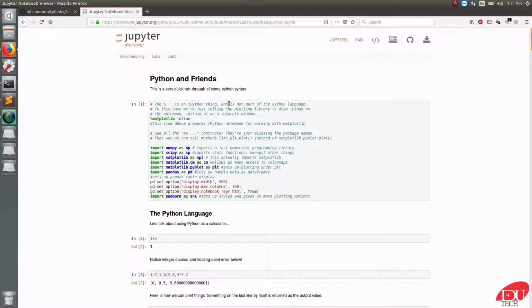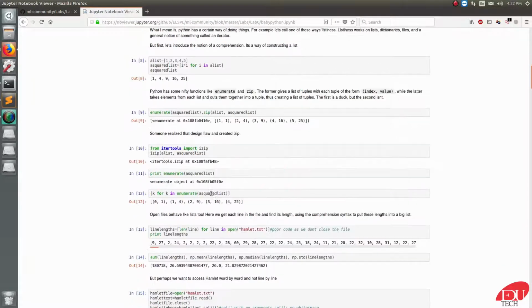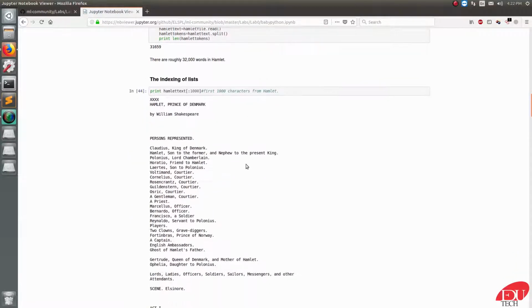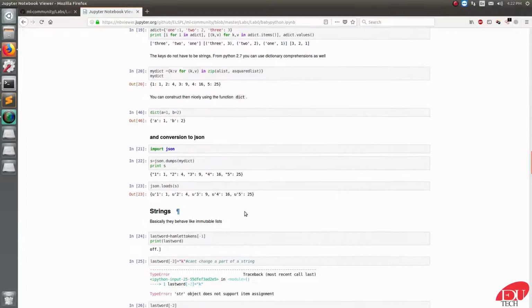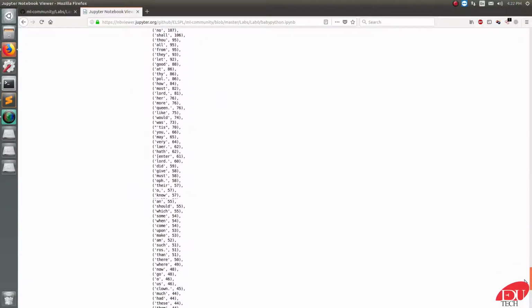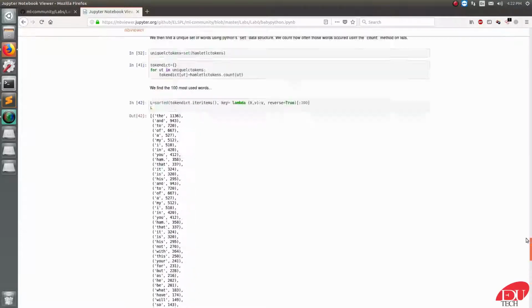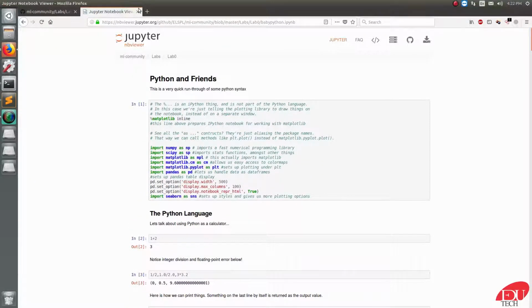It gives a basic rundown of Python, the basic commands, the print and looping and decisions and indexing lists. Then there's dictionaries, there's strings, there's functions. Basically, this notebook will help you get started with Python. And if you know Python already, then feel free to skip through this.